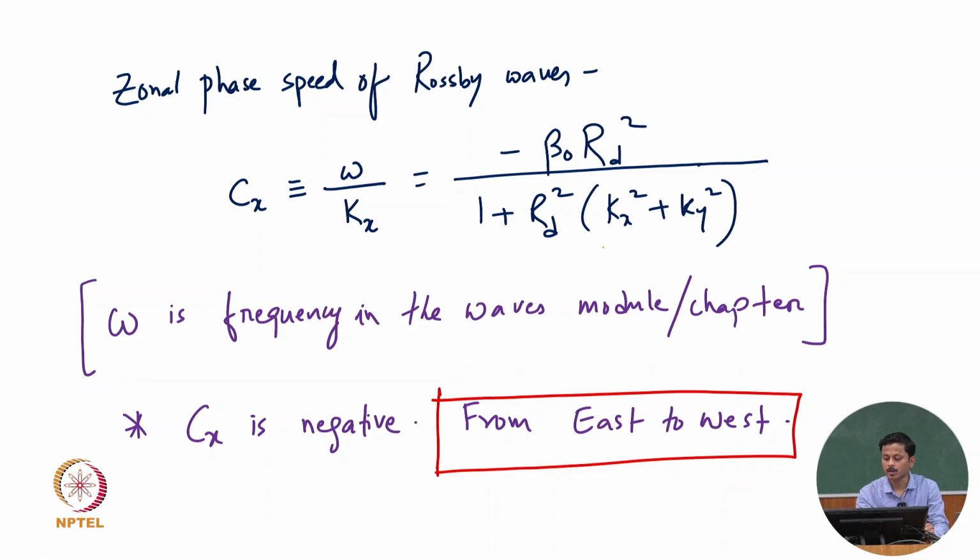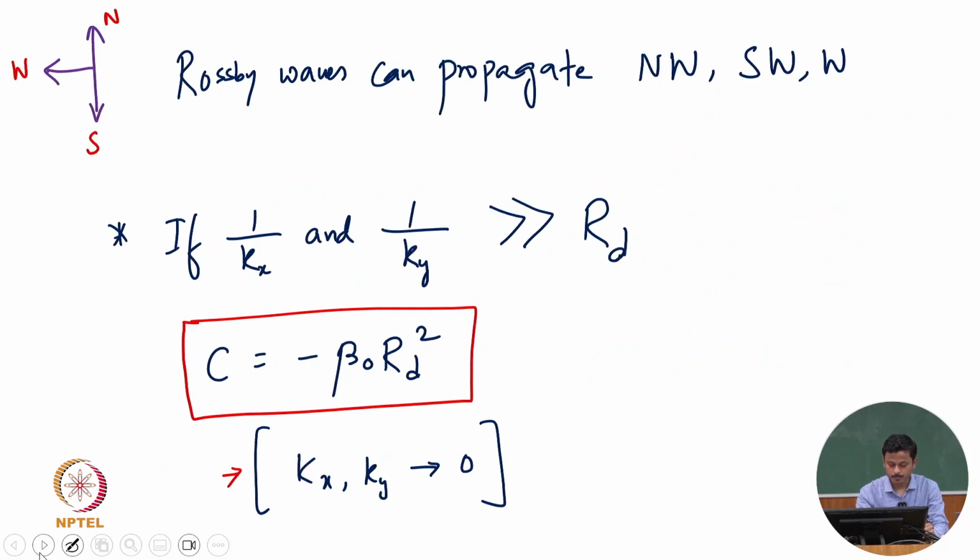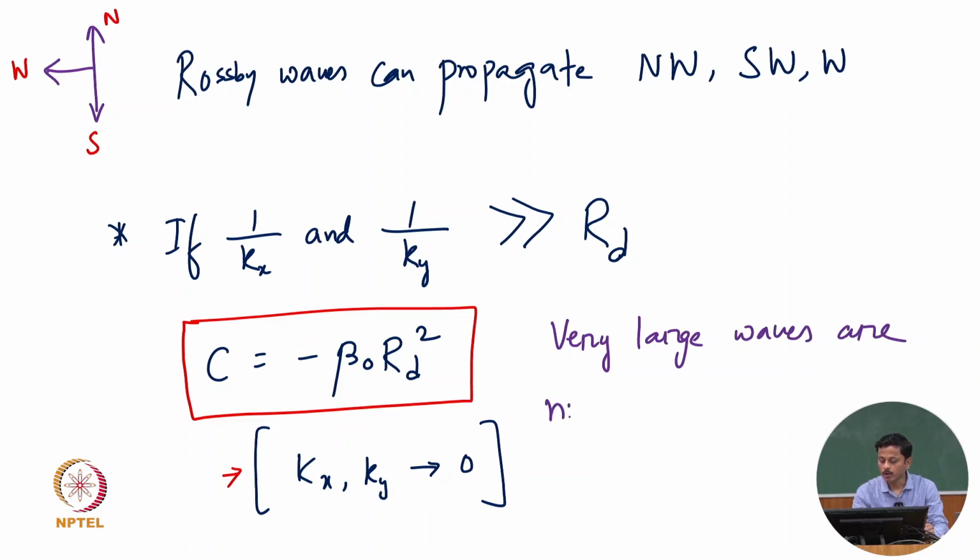Similarly, Cx is dependent on kx and ky. That means the waves are dispersive. The phase speeds, the speeds of waves of different wave numbers, are different. Whereas in this case, this is a peculiar condition in which the waves are very large. Here, very large waves are non-dispersive.